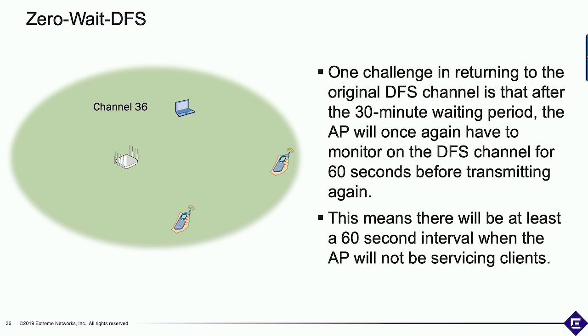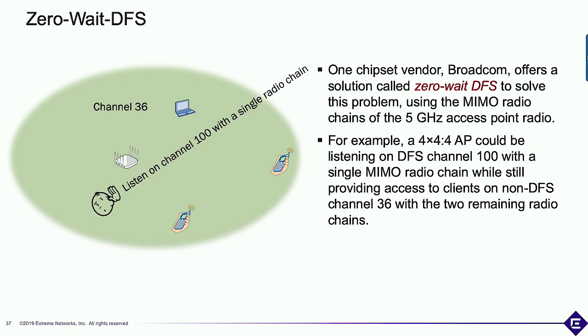But it could be used in a different way. Maybe you've jumped and you're on a non-DFS channel, and you could use one of your radio chains to listen ahead of time before you jump back to your original DFS channel.